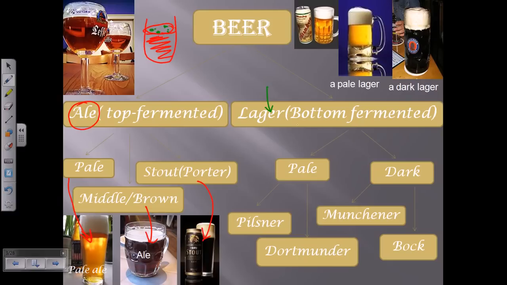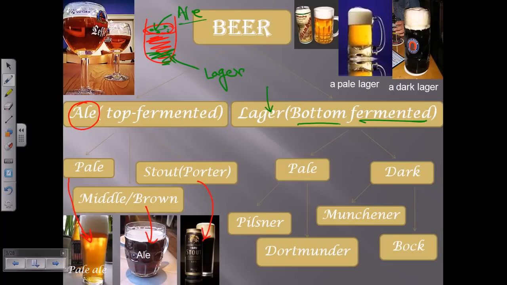Lager beers are bottom fermented beers. That means in lager beer, fermentation is usually carried out in the bottom region, and in case of ale, we have fermentation at the top region. Now lager beer is also of two different types.